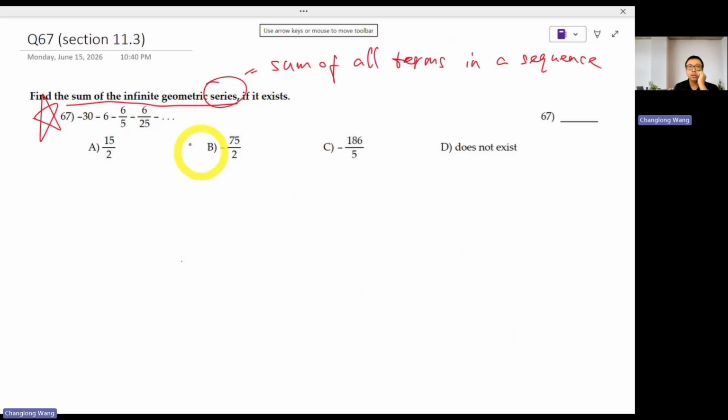Okay. But I do have to alert you. There's a reason why they have an option like letter D, does not exist. So when you add up all the terms in a sequence, there are infinitely many terms, right? So potentially, the more you add them, the bigger the number is going to get, right?